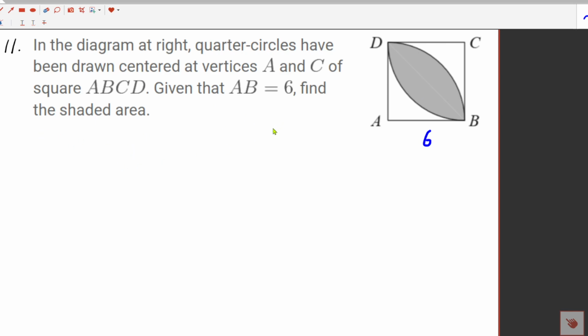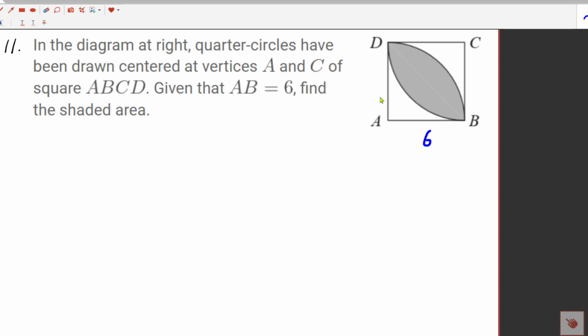Our shaded region is formed by subtracting triangle ABD from sector DAB, right? And combining this with the region that is formed by subtracting triangle BCD from sector DCB.